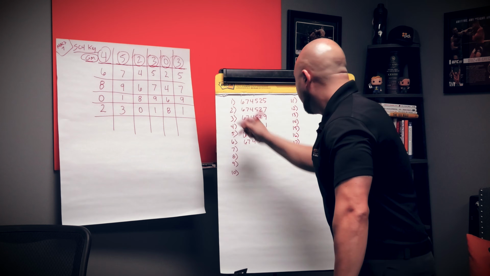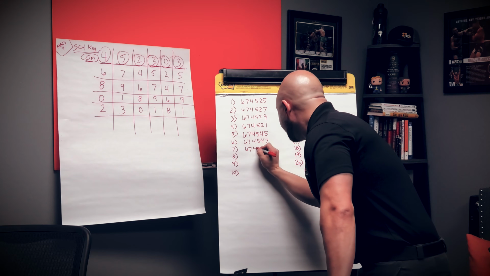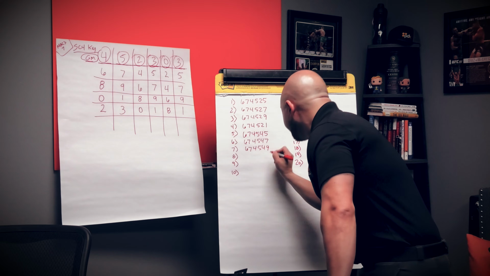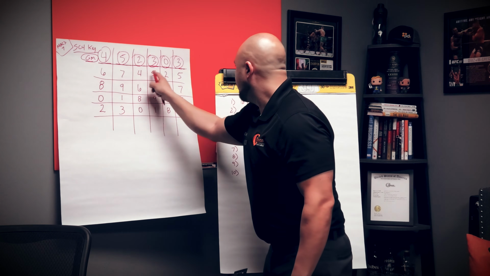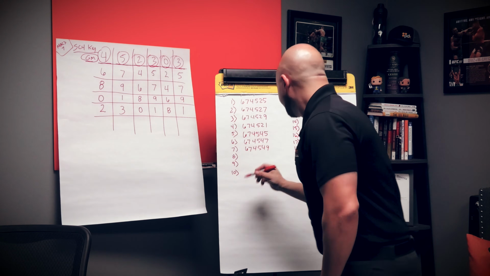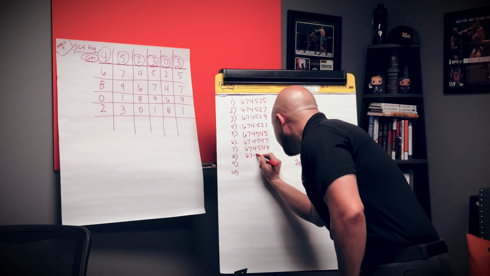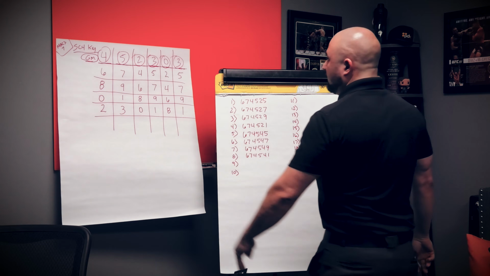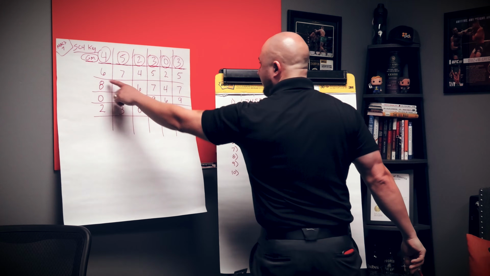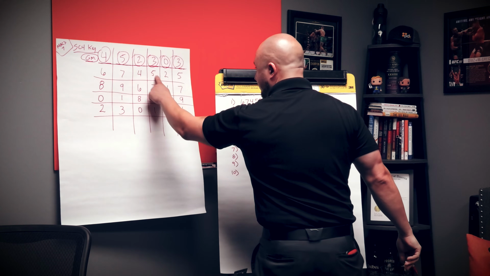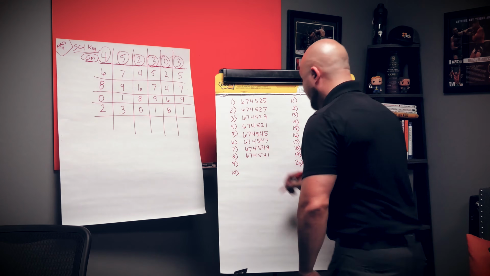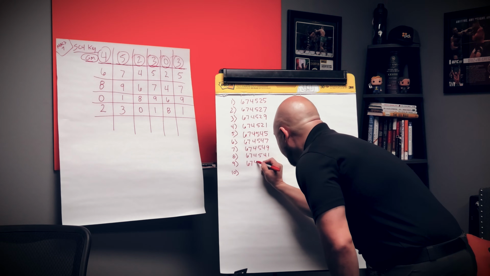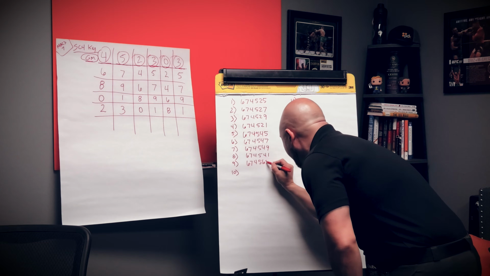And the same thing for 9, right? 6, 7, 4, 5, 4, 9. Then 6, 7, 4, 5, 4, 1. And then after that, I'd go 6, 7, 4, 5, 6, 5.